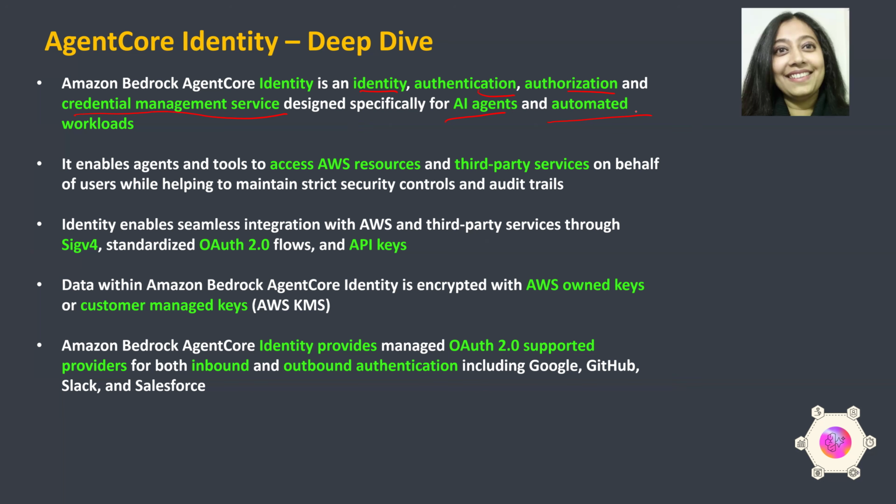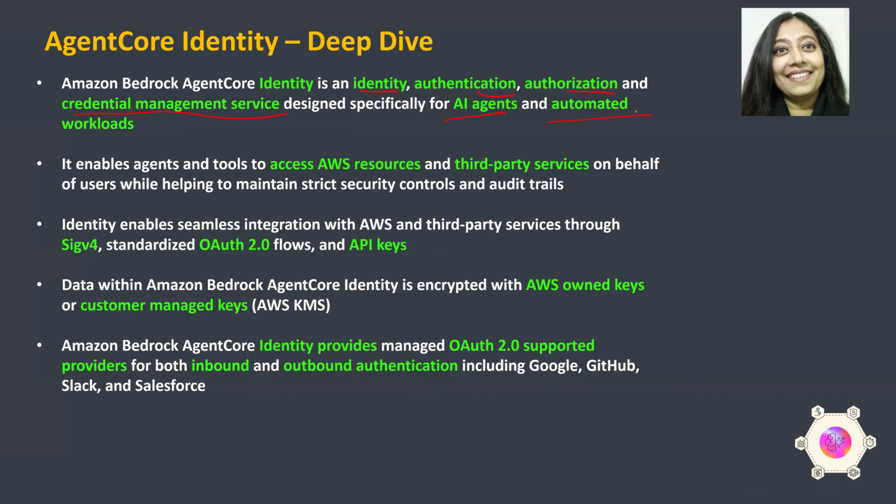So let's say if you go for an interview and you're asked, can you please help us understand what AgentCore Identity is and basically how it works? We will get to how it works, but the definition is that it is an identity, authentication, authorization, and credential management service specifically designed for AI agents and automated workloads.